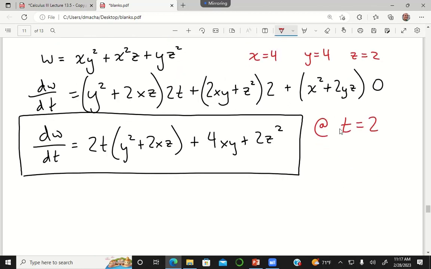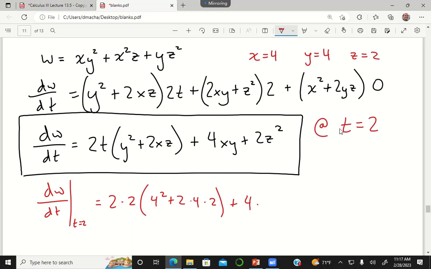So then you just go back here to this derivative and say if I want to evaluate dw dt at the point t is equal to 2, then this is 2 times 2 times 4 squared plus 2 times 4 times 2 plus 4 times 4 times 4 plus 2 times 2 squared. And then you could figure out what that derivative is at the point.